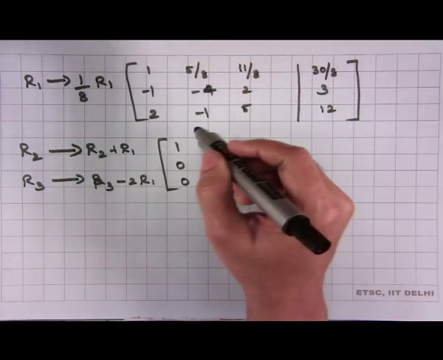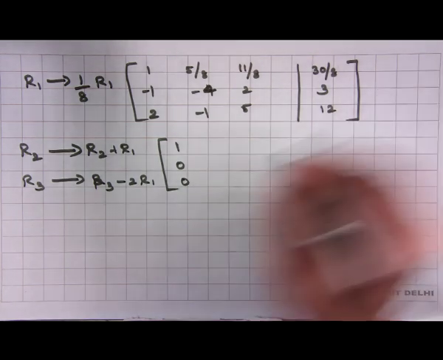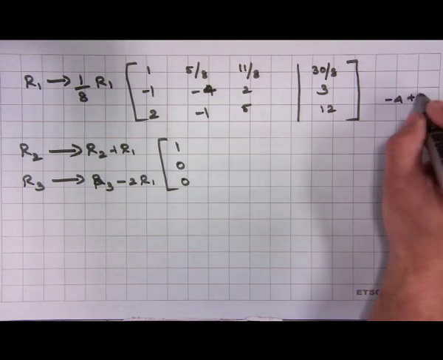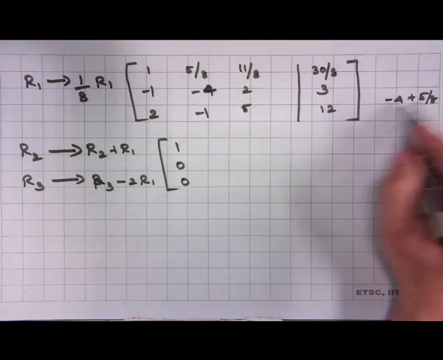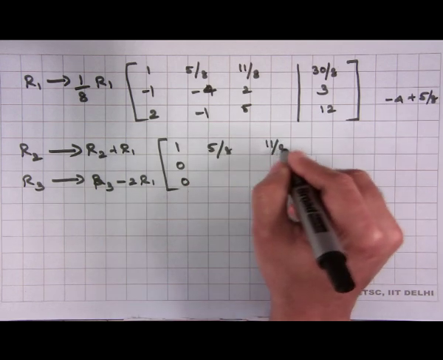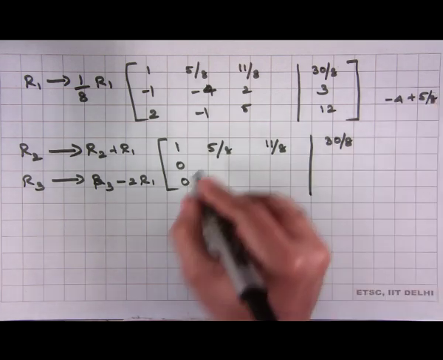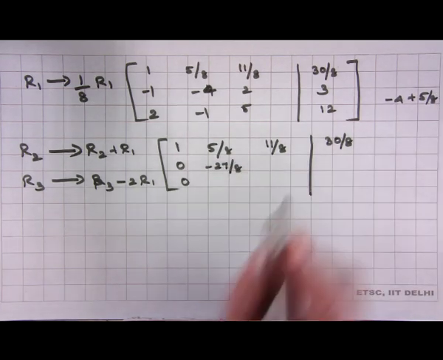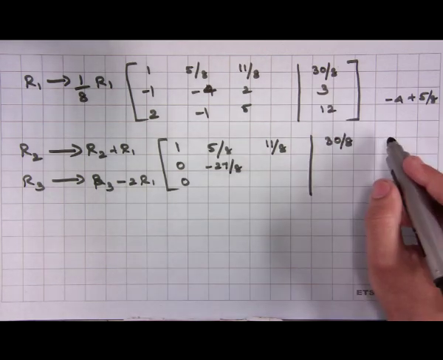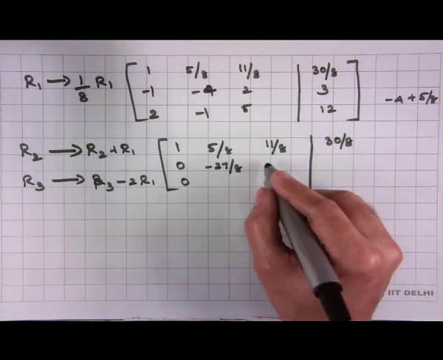Minus 4 plus 5 by 8, that is minus 32 plus 5, you will have minus 27 by 8. Then 2 plus 11 by 8, so 16 plus 11, so 27 by 8.